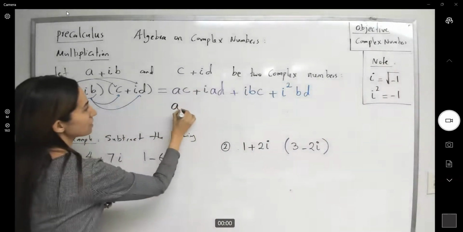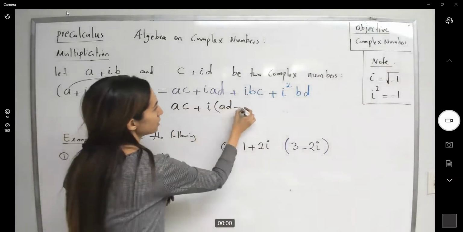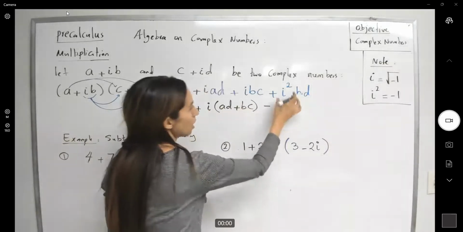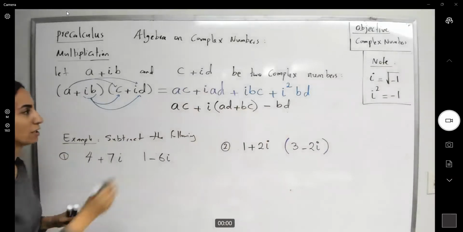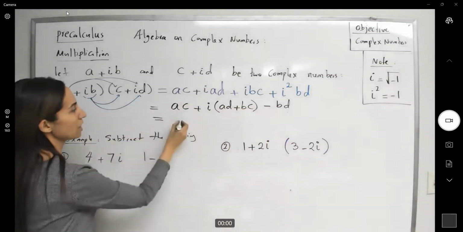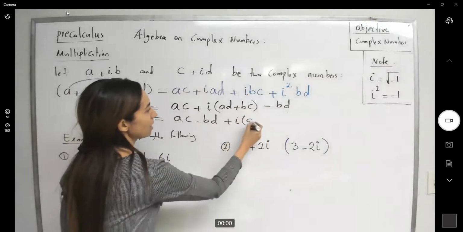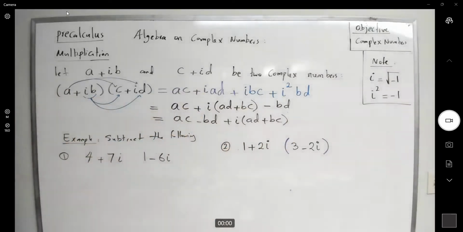We have AC plus i(AD plus BC) minus BD, since i squared is -1, or just a negative sign. So this becomes AC minus BD plus i(AD plus BC). Multiplication between two complex numbers. This is the general formula.